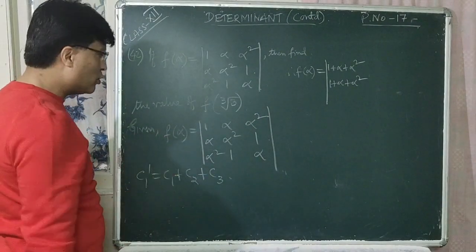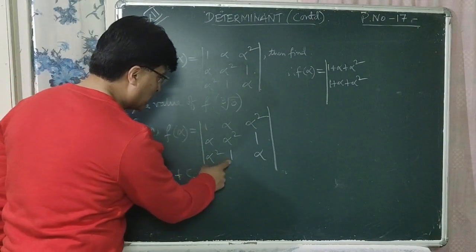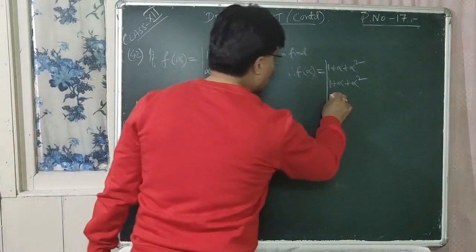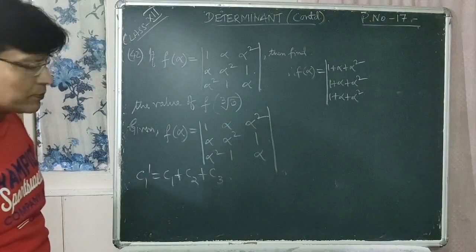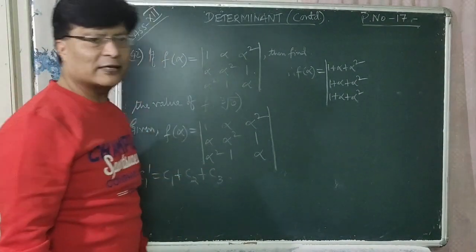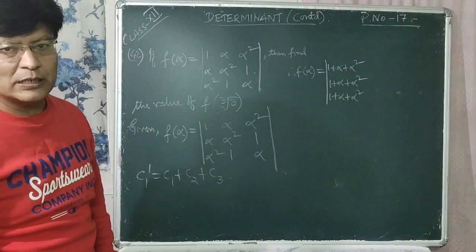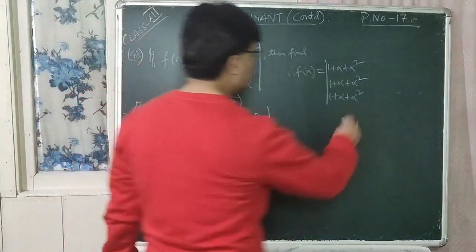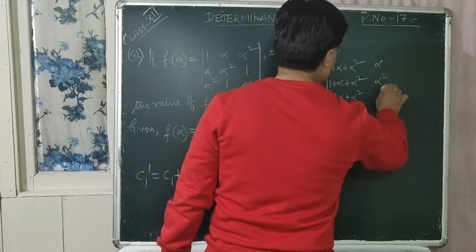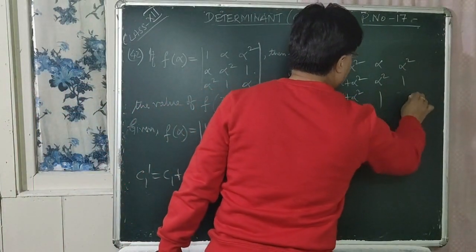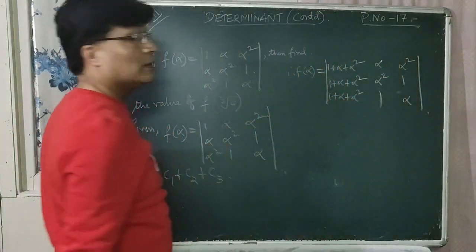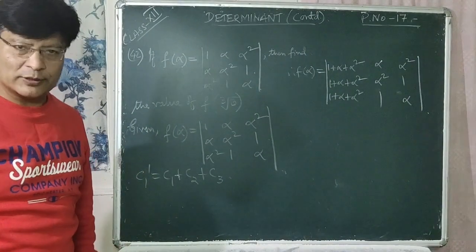Third element of the third row. This is also alpha square plus 1 plus alpha. That means 1 plus alpha square, right? And the second column and the third column remain same. Alpha square 1. Next, alpha square 1 alpha. I think you have understood it.